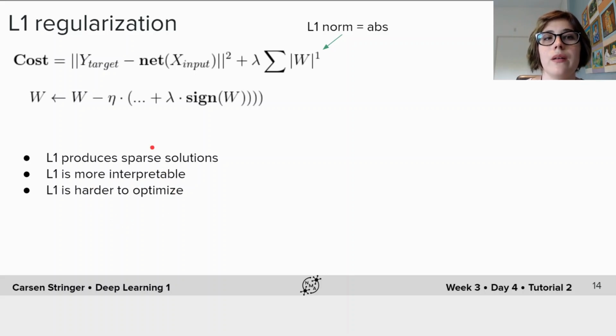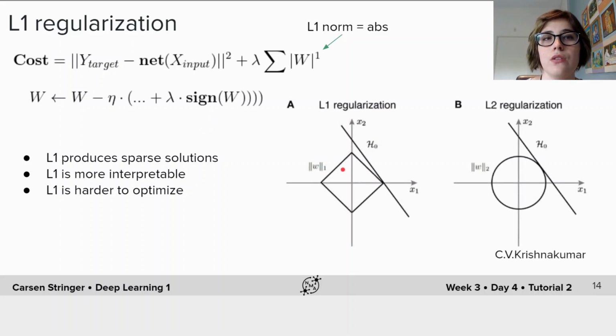So here's a diagram which can help you differentiate between L1 and L2 regularization. These two axes are the two weights, and H0 is the solution space, which minimizes the original cost. The H0 solution minimizes the L1 penalty when it intersects with this square here, and it intersects with this square when x1 is positive and x2 is 0.